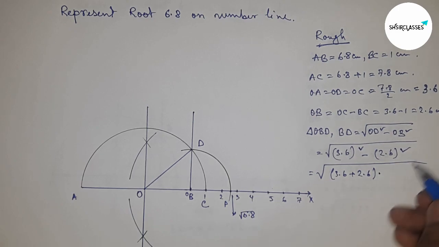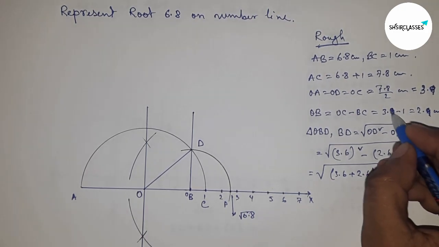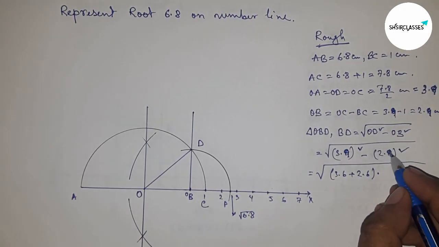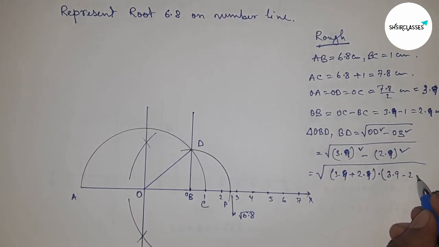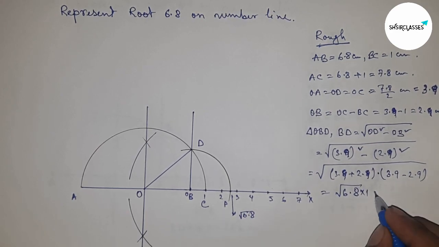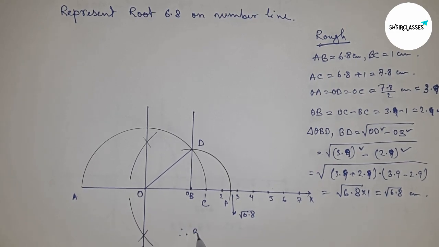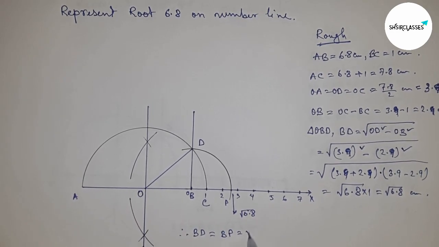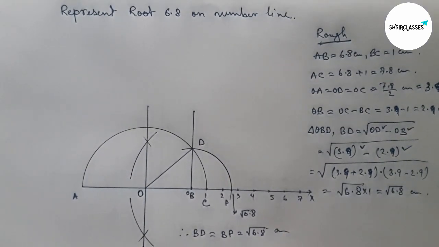Extremely sorry, this is 3.9 and 2.9, so 3.9 minus 2.9. So from this, 6.8 and this is 1, so 6.8. Therefore BD equal to root 6.8 centimeter.